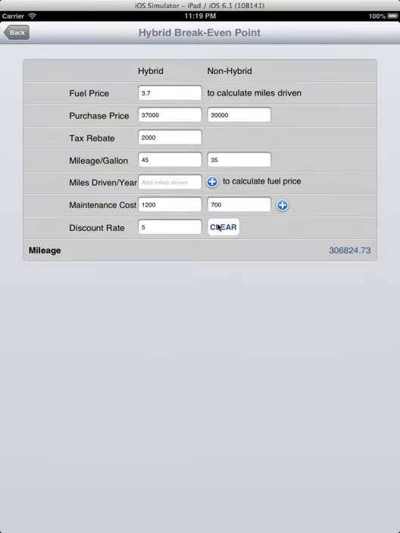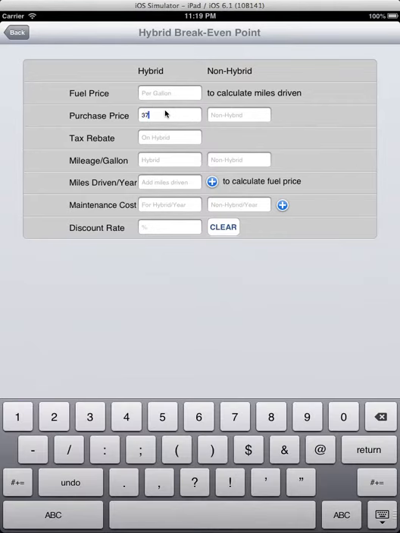So now let us clear up everything. We need to find out the fuel price. So purchase price is 37,000 versus 30,000. Then 2,000 is the tax rebate, 50 and 30.